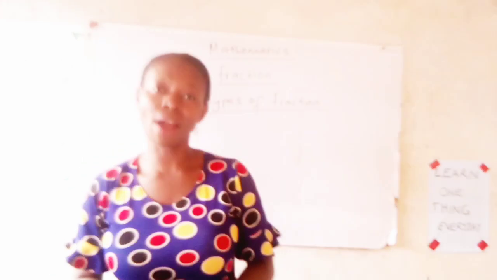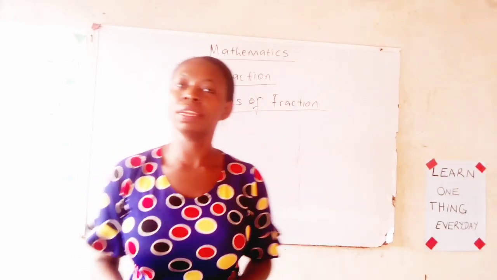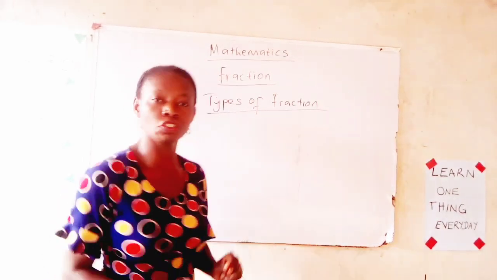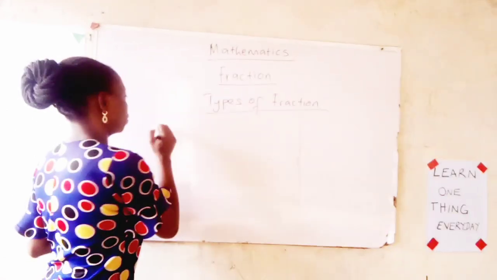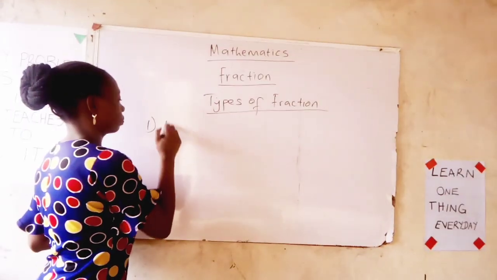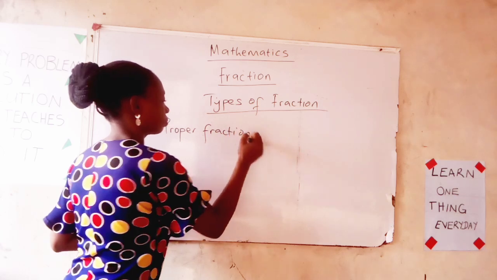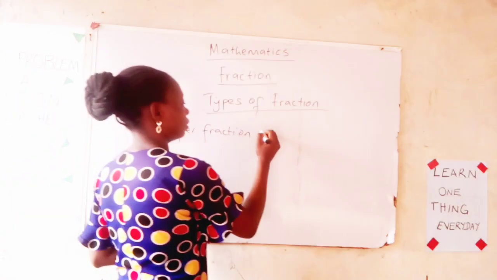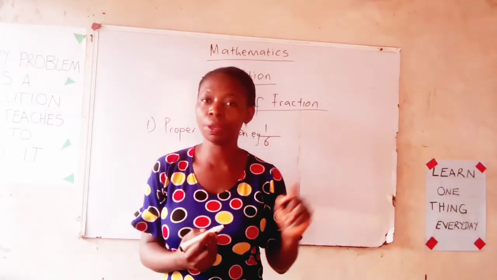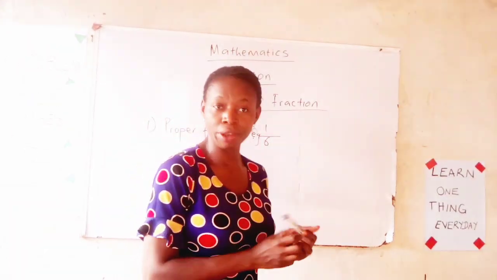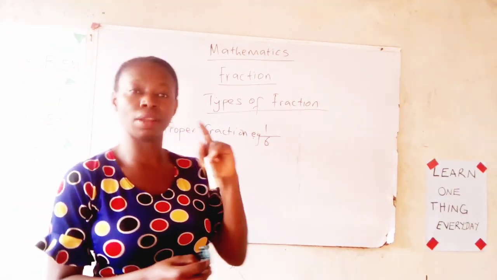Now we have types of fraction. When the denominator is bigger than the numerator, we say it's a proper fraction. Something like this. Number 1 is proper fraction. When the what? Denominator is bigger than the numerator.